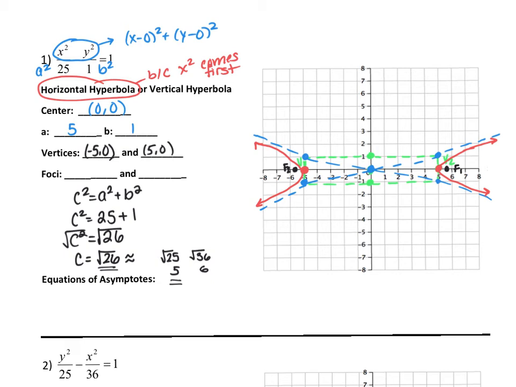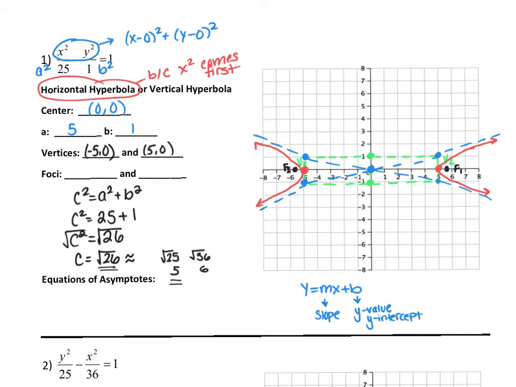And then the last part is just finding the equations of these asymptotes. So remember, an asymptote is just a line. It's a line that's in the form y equals mx plus b, where m is the slope and b is the y value of the y-intercept.